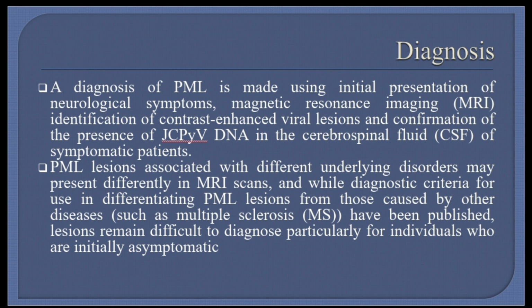PML lesions associated with different underlying disorders may present differently in MRI scans, and while diagnostic criteria for differentiating PML lesions from those caused by other diseases such as multiple sclerosis have been published, lesions remain difficult to diagnose, particularly for individuals who are initially asymptomatic.